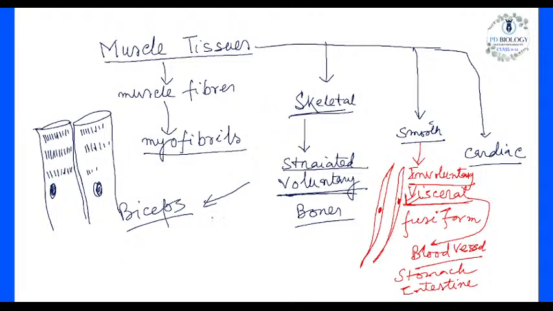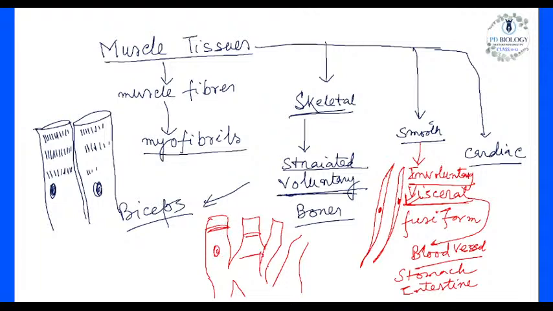The cardiac. So the cardiac is a special structure. This type of branched structure is present. Here in the cardiac muscle, the intercalated discs are present. This is the junction between the cells, the intercalated disc.